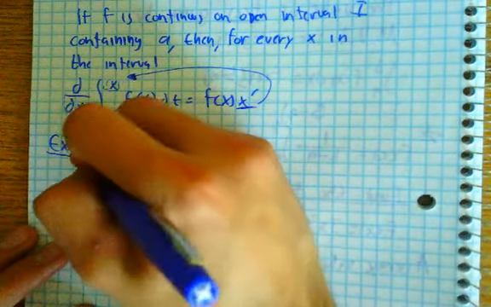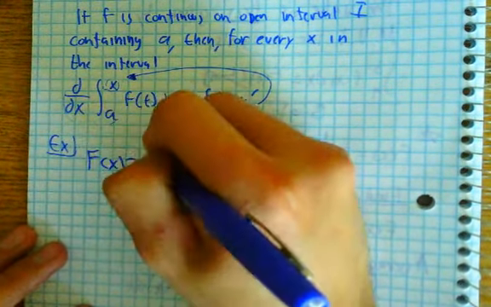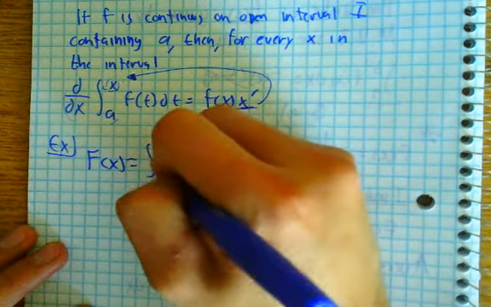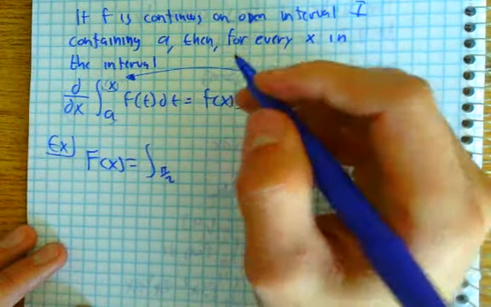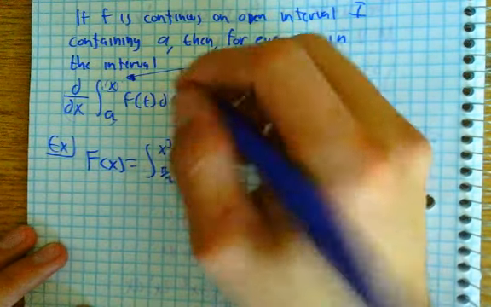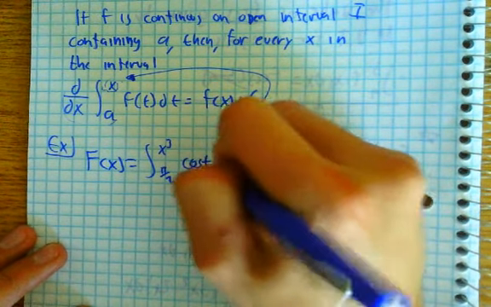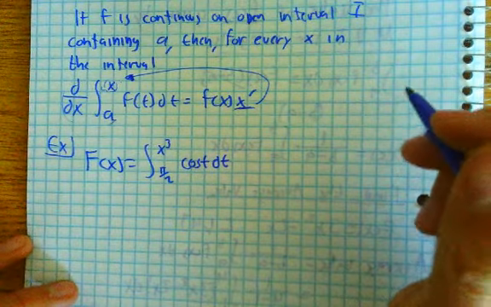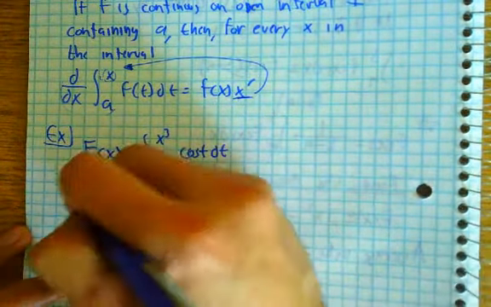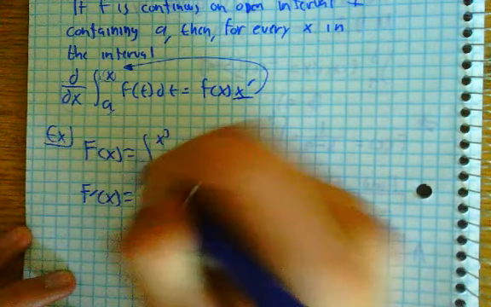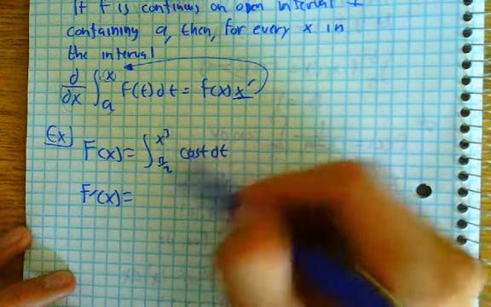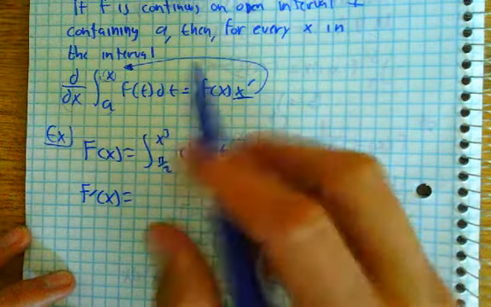Let's say that you have f of x equals the integral from pi over 2 to x to the third power of cosine t dt. And you want to find the derivative of that. Well, the derivative of f of x is going to be f prime of x. If you're going to find the derivative of the integral, the integral is going to cancel out.